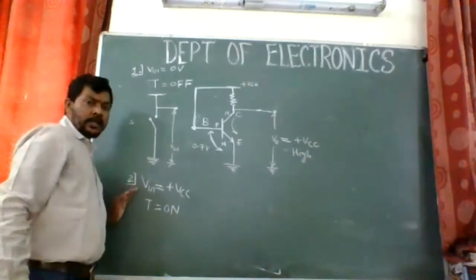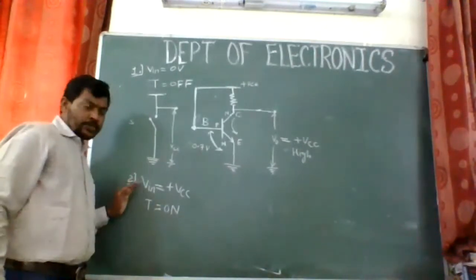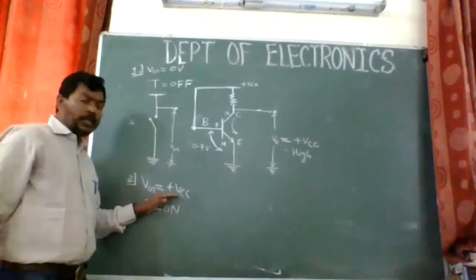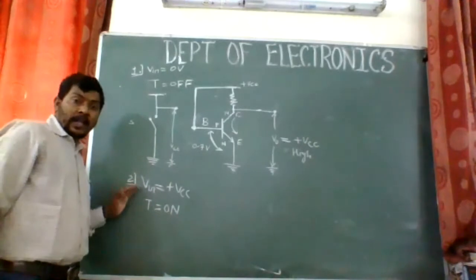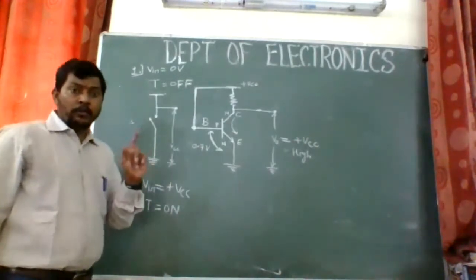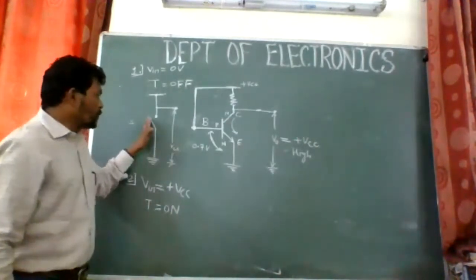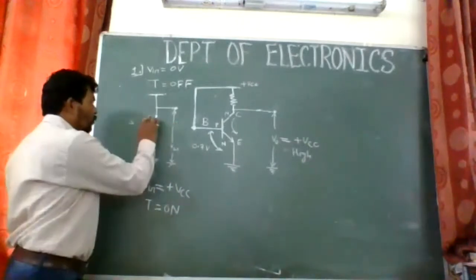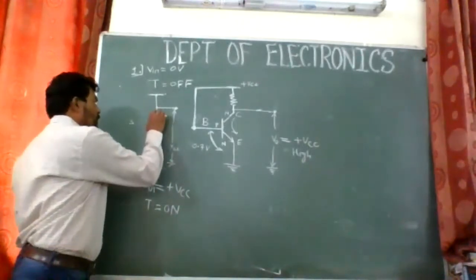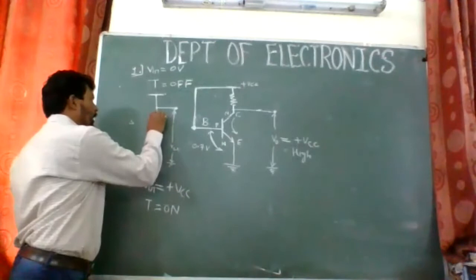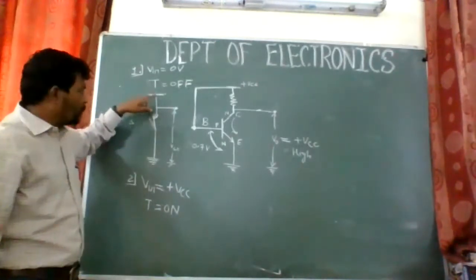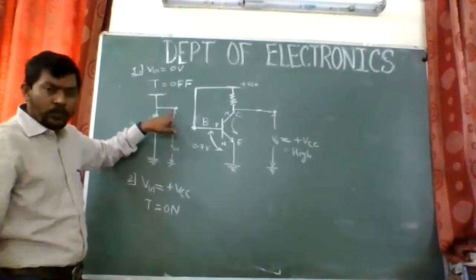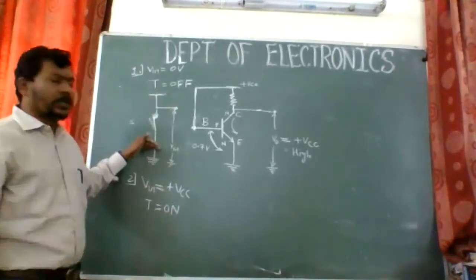So in this second situation, when Vin is plus VCC, the transistor is on. Now what happens? This switch gets closed. So this switch is now acting as closed, which implies that the positive supply, which was supposed to be here in the output voltage, will drop to the collector current.